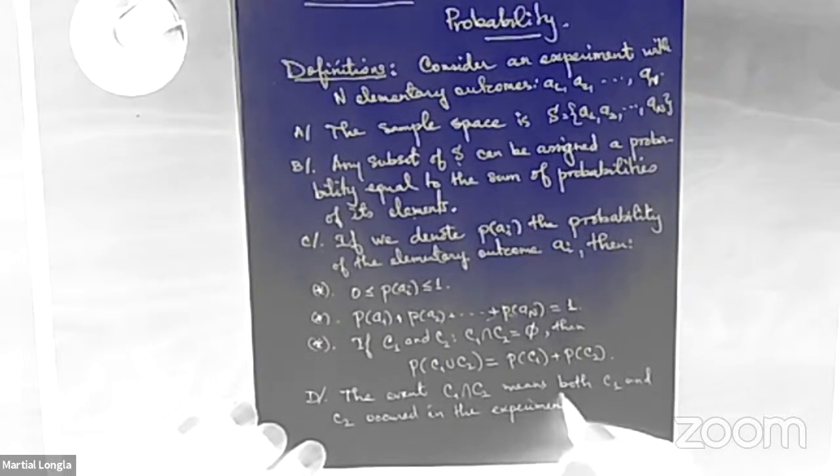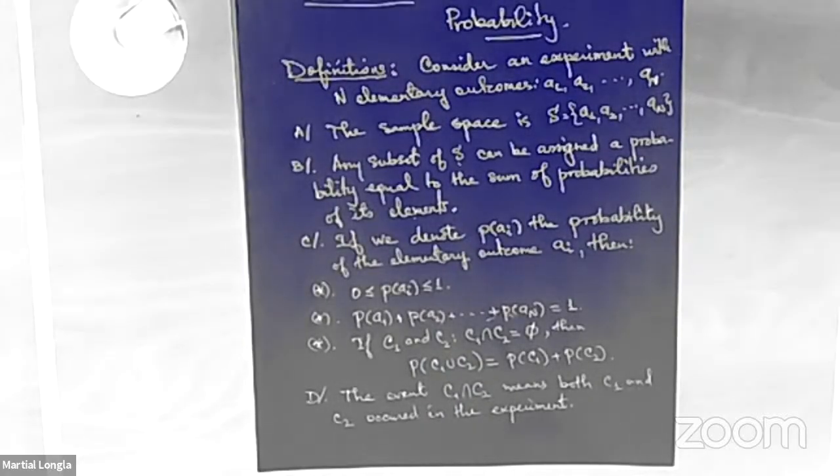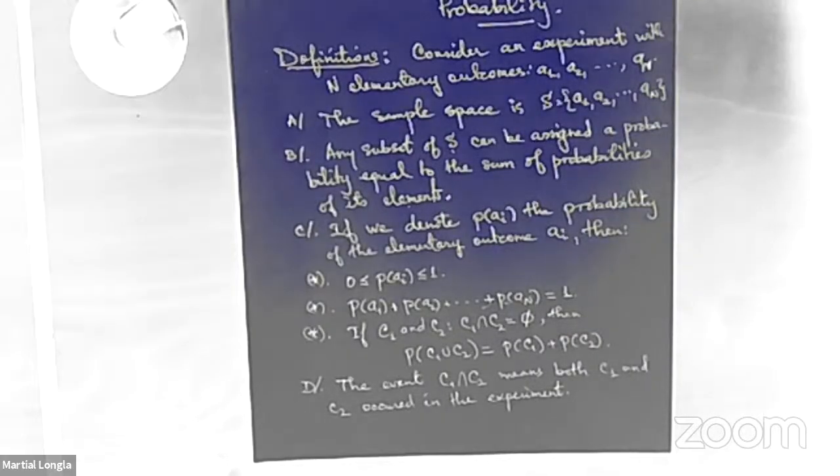So this is not like combining the two steps. If you want the event that is the intersection of two events, that would mean that you are looking for the outcomes that are in both events at the same time. The outcomes that are in C1 and are also in C2. So that's the same as the intersection of sets. The event C1 and C2 means that both C1 and C2 occur in the experiment.